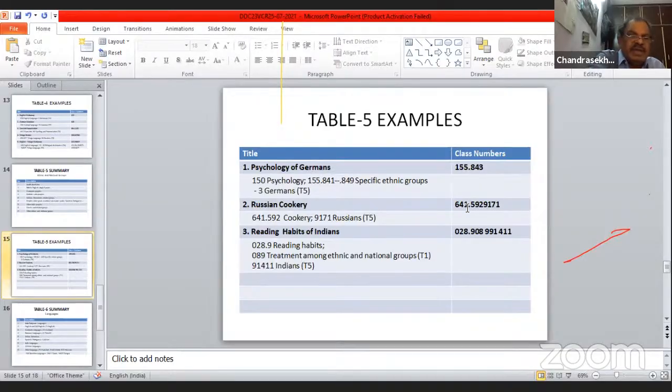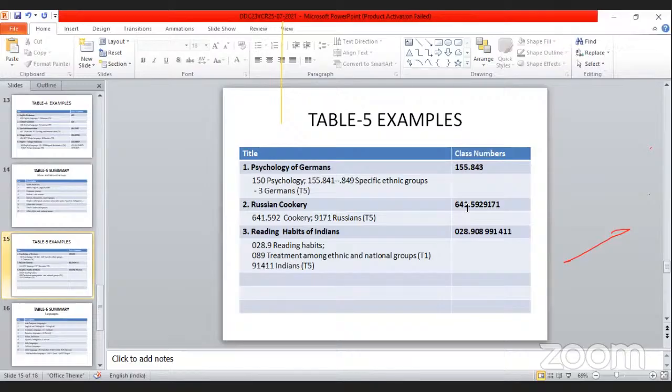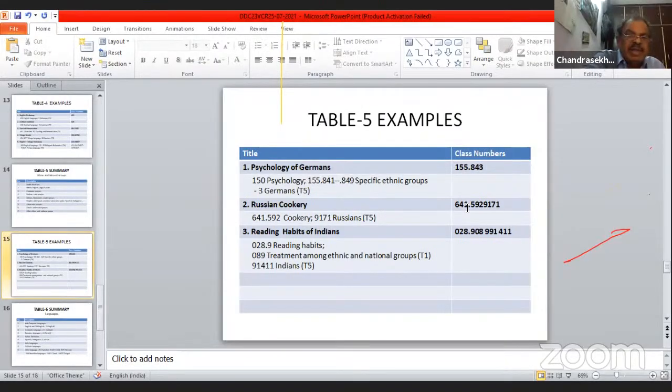Reading habits of Indians. So reading habits in library science 020, 028.9 is reading habits. There is an instruction there, 0.89, treatment among ethnic and national groups. Take from table 5. From table 5 we take 91411 for Indians. The instruction is in table 1, treatment among ethnic and national groups.